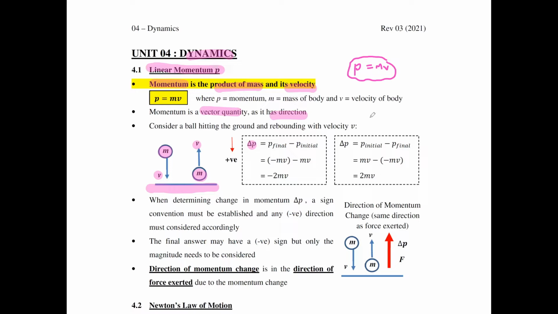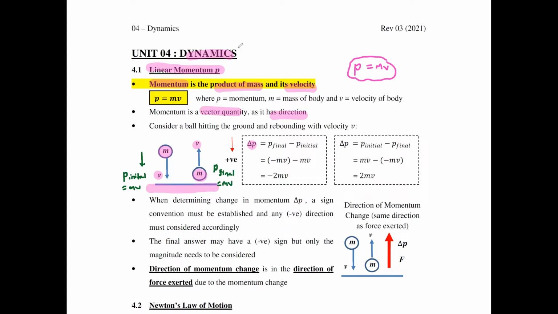When you want to find that, you will realize that when this object of mass m, say this is a ball, was moving downwards, it had an initial momentum of mv. And then after hitting the ground and rebounding, it had a final momentum of mv also.